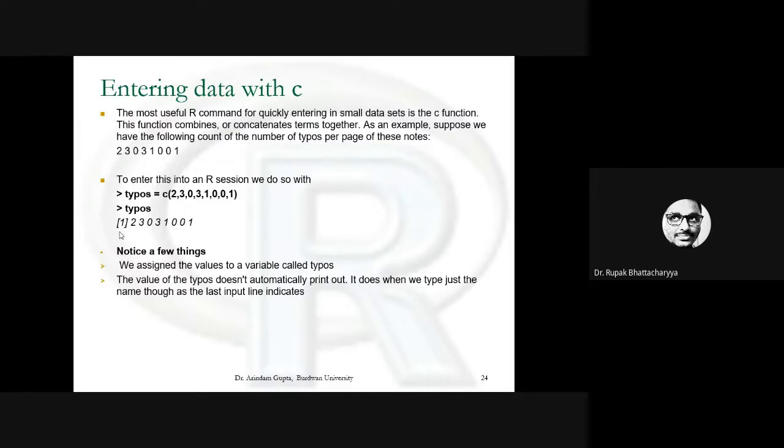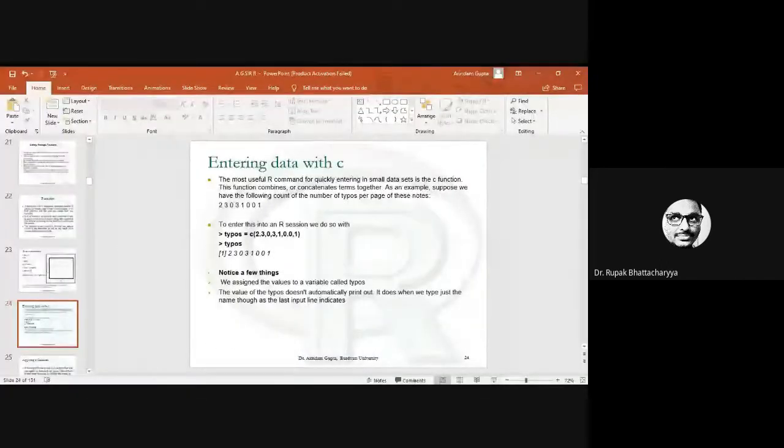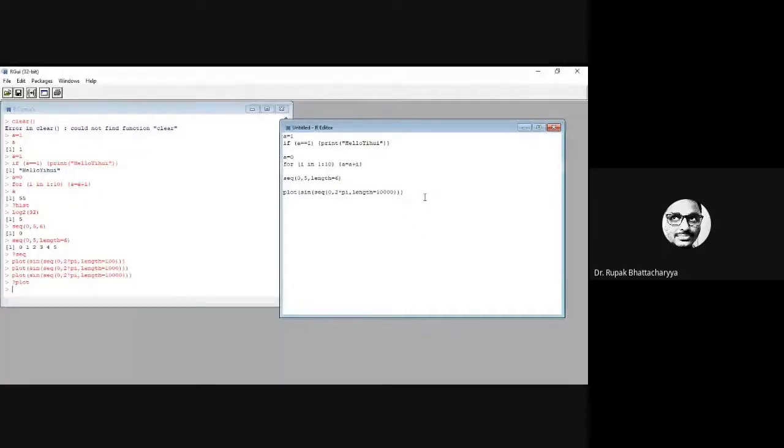Just type, go to R. Variable name is typos equal to c within bracket.